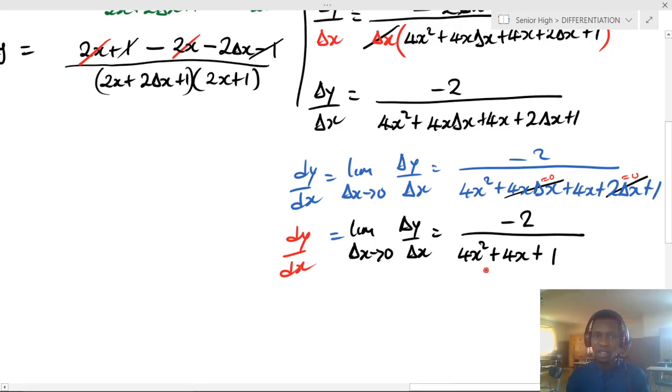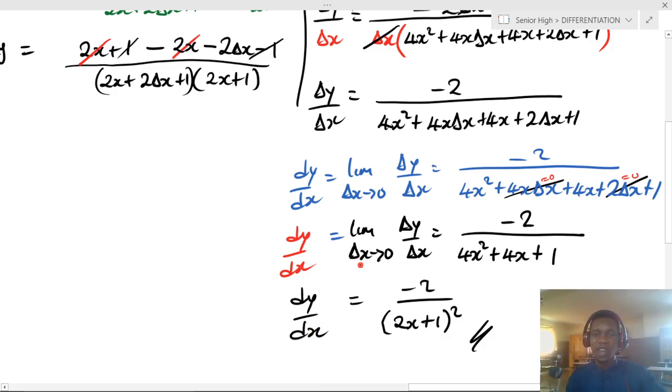You can see that this can also be written with one bracket. You can factorize this as minus 2 over 2x plus 1 squared. Look at it, it's actually 2x plus 1 squared. So minus 2 over this is your dy dx.